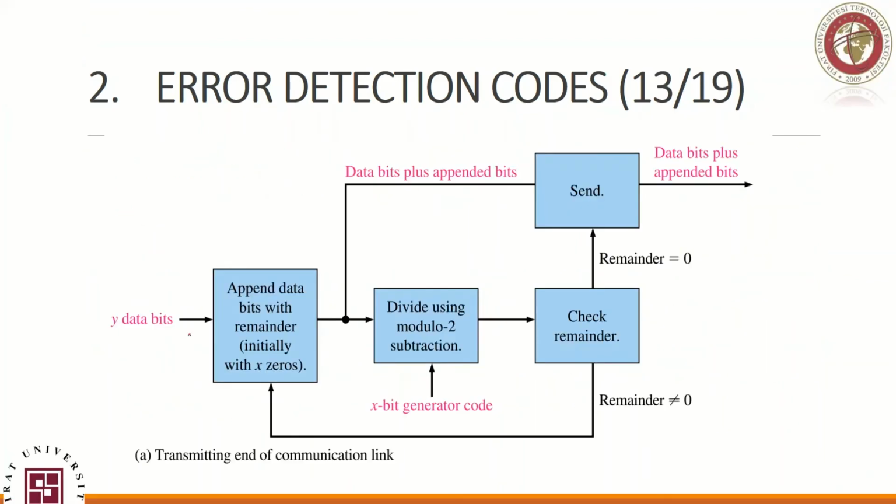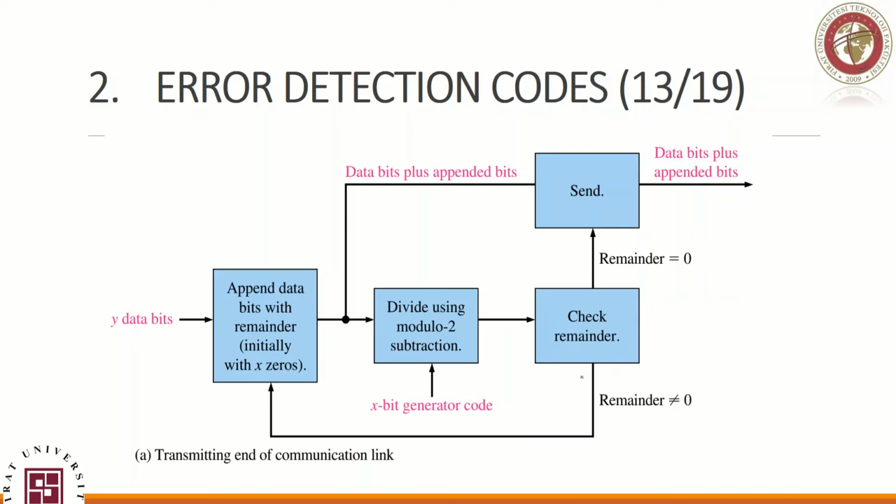All right, this is the schematic diagram of how it is done. Usually I don't ask these as questions in the exam, but it's for you to know. You can consider the data bits or the message as Y. We need to append a number of zeros equal to the generator length to it from the right side. Then we take the Modulo-2 of the bits with the generator.